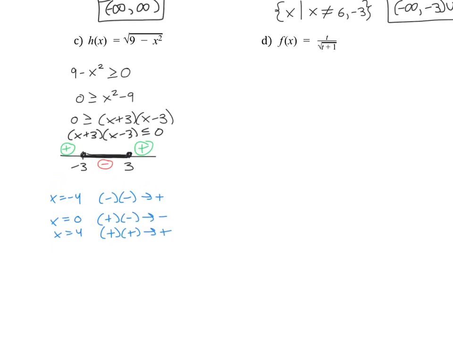So that means our domain is everything between and including negative 3 and positive 3. We can say in set builder notation x such that, and we'll use inequalities here, everything from negative 3 to positive 3, including. Or if we want to do interval notation, it would be bracket negative 3 to positive 3 bracket.